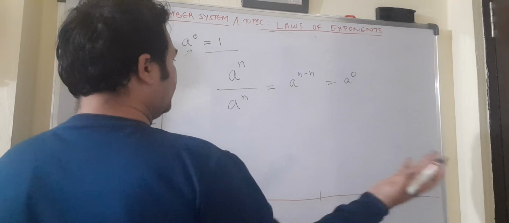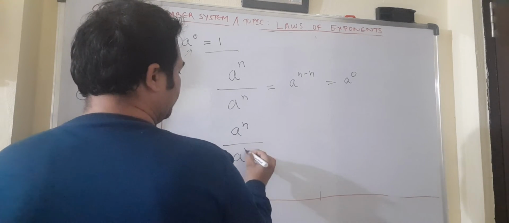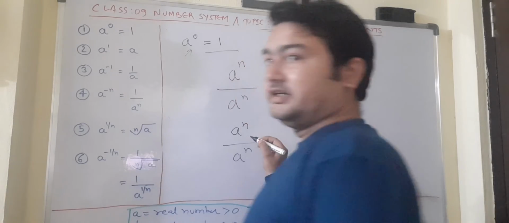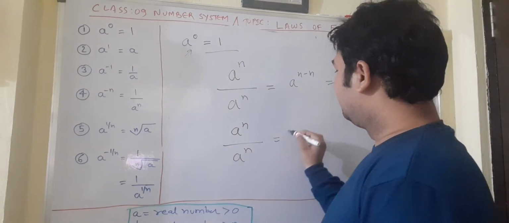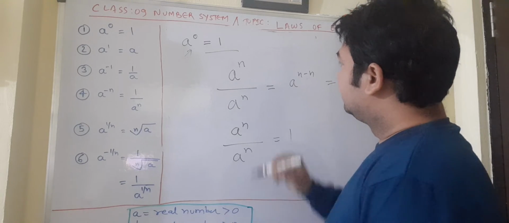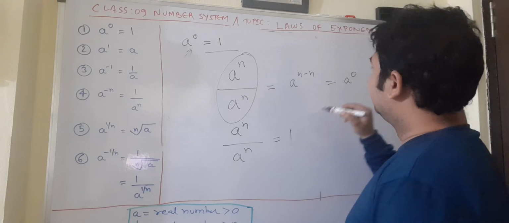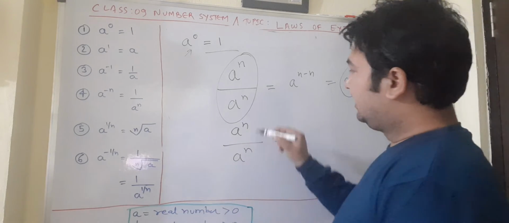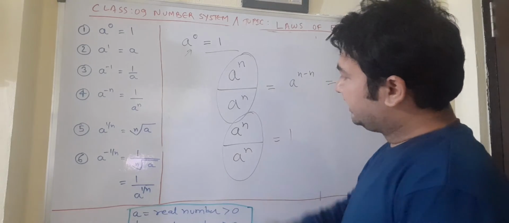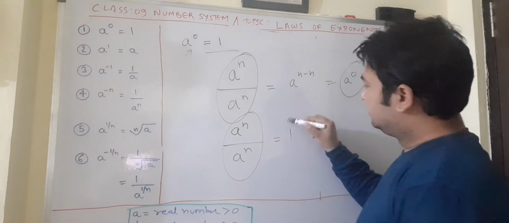But from simple division, what do you know? a to the power n divided by a to the power n: anything divided by itself becomes 1. So here you have a raised to the power n divided by a raised to the power n as a to the power 0, and at this place a raised to the power n divided by a raised to the power n, the value is 1.